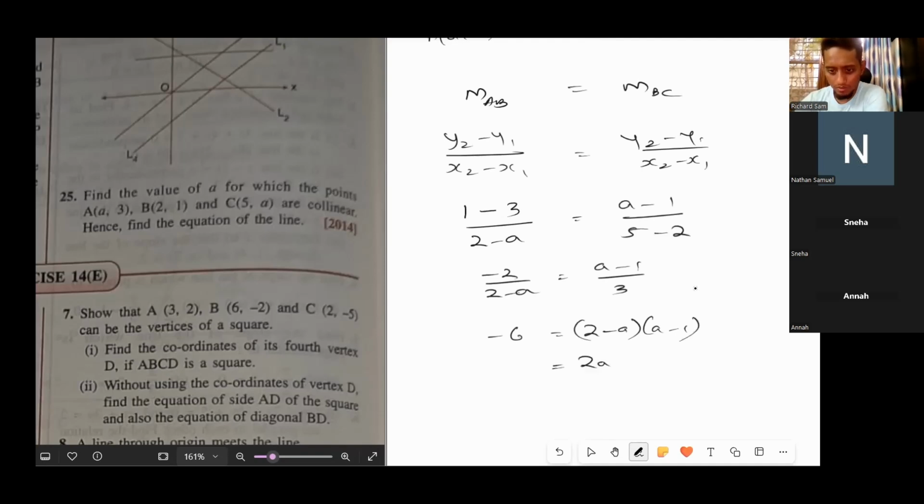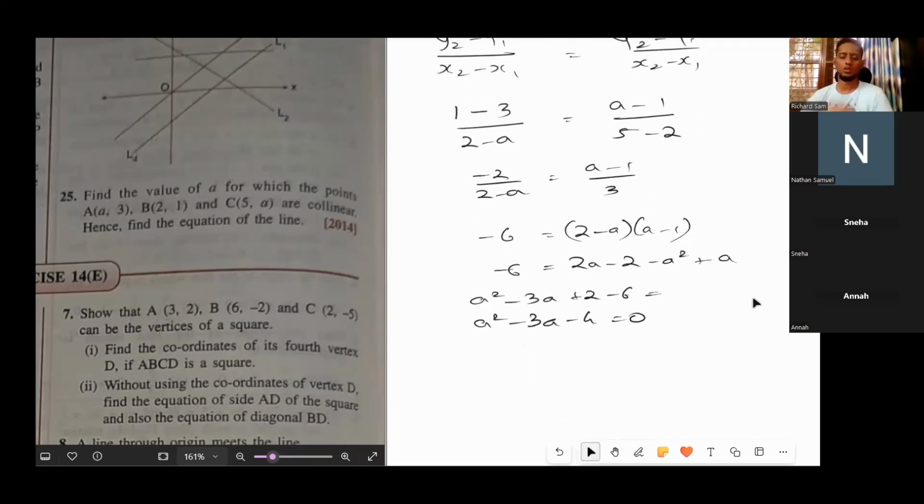It's binomial into binomial, right? So that's 2A minus 2 into 1, that's minus 2 minus A square plus A. If you take everything on the left side, you have A square, 2A plus A is 3A, so it's minus 3A on the left side and plus 2 minus 6 is equal to 0. A square minus 3A minus 4 is equal to 0. Is this the equation you got? Yes. Okay.